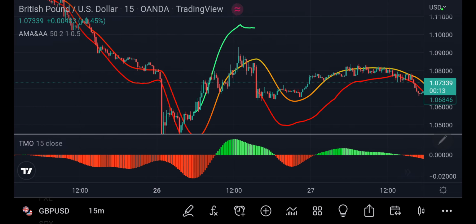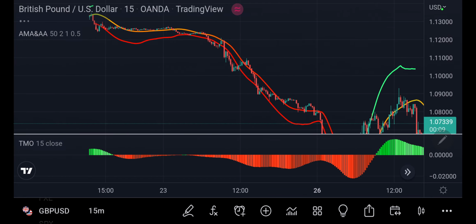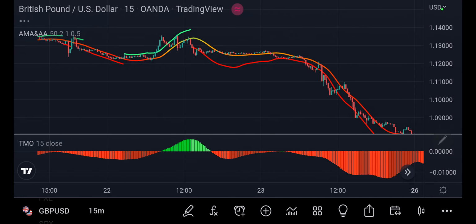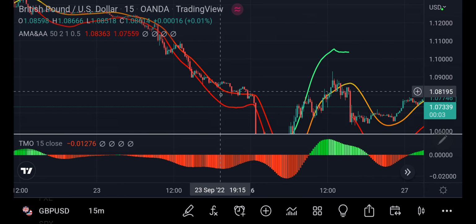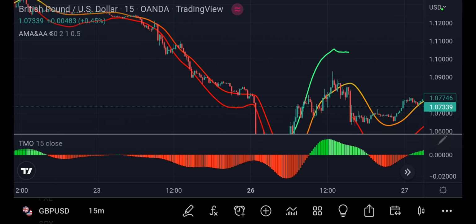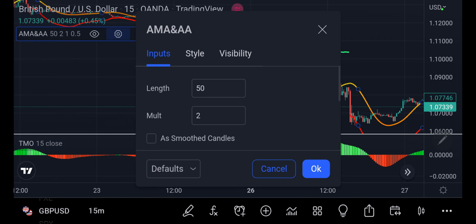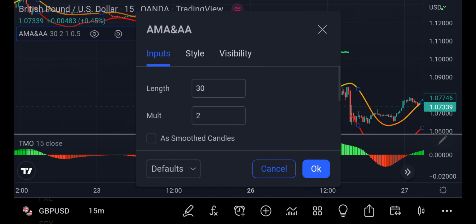You can find the MA on your chart: the green one shows the bullish trend and the red one shows the bearish. We're gonna make some changes in this one first, and then go to the other setup. Let's bring this one to 30 and make it smooth.